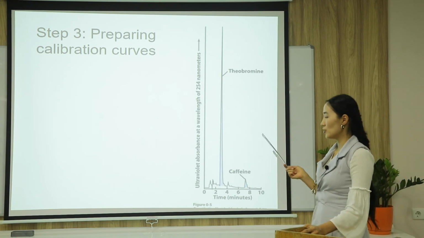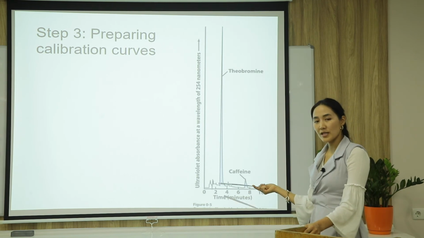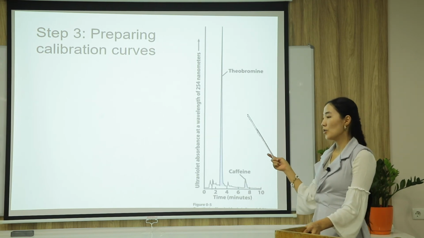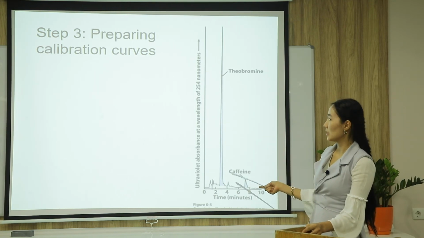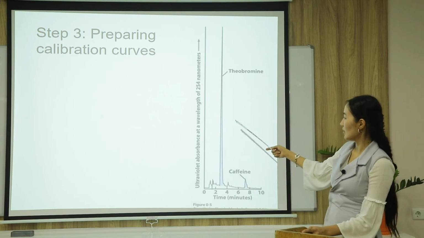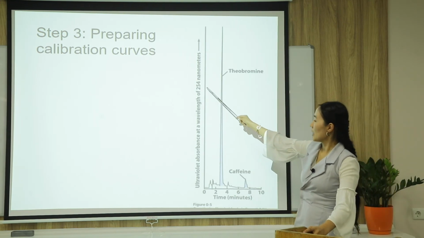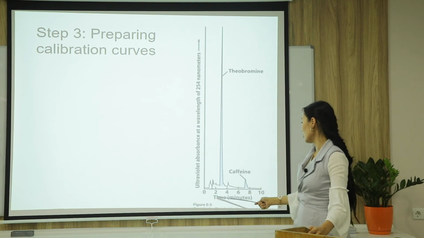Please, next. So step 3 is preparing calibration curves. As I showed you in the previous slides, from the detector side of the column, the signal goes out to the computer. The calibration curve shows ultraviolet absorbance at a wavelength of 254 nanometers. It shows us time units from 0 to 10.